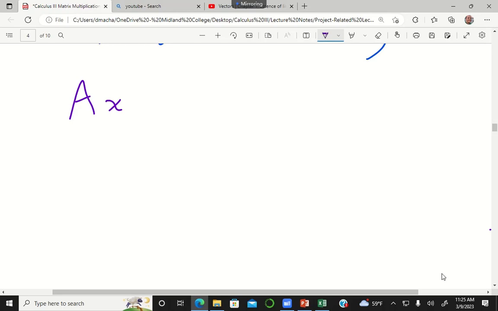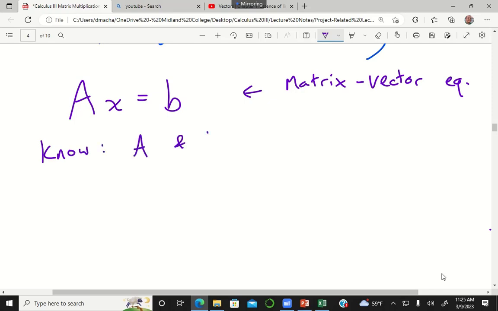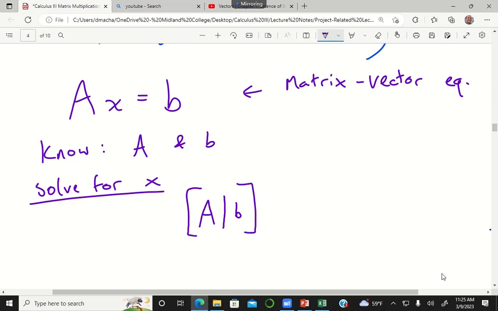But if I have the matrix vector equation Ax equals b, and we know A and b, and we want to solve for x, then we're going to write the augmented matrix A augmented with B. After performing the Gaussian elimination algorithm, we're going to end up with the identity matrix augmented with x.